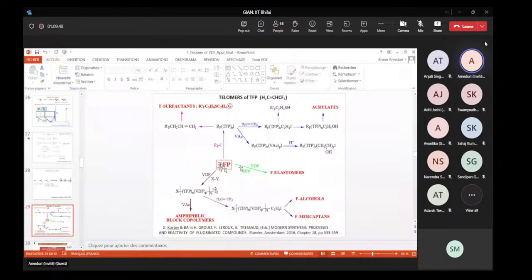We have also, of course, in telomerization of TFP with perfluoroalkyl iodide, prepared this intermediate, which could be changed in steps into an allyl derivative, and then used to make some surfactant by adding some thiol, for instance, or even by end-capping, adding VAc, to prepare a wide range of different products.